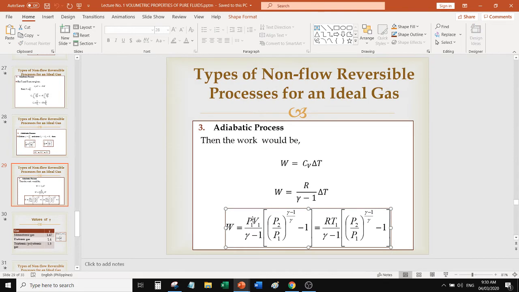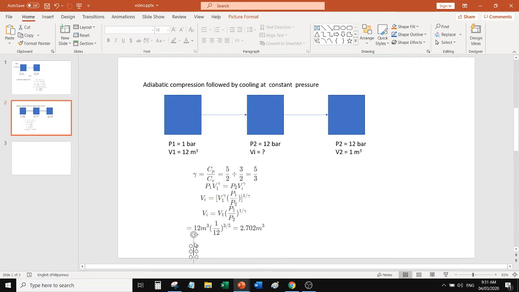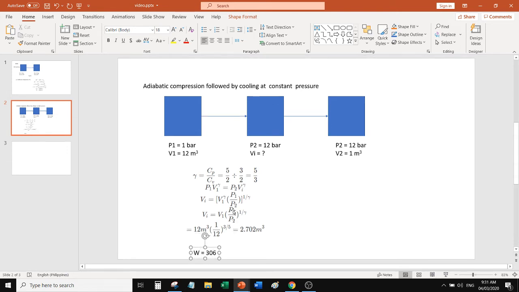Because in the equation, it's just V1. There's no second V or V2, or in our case, V intermediate. So we just plug in the values for P1, V1, P2, and gamma. The work here in step 1 would be equal to 3060 kilojoules.